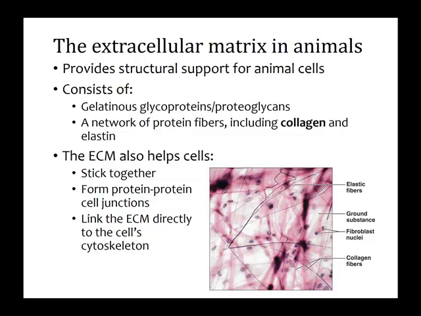Now, what's the extracellular matrix actually made of? It's made of a combination of these things called glycoproteins or proteoglycans. And if you maybe remember, glycoproteins and proteoglycans are made as a result of the secretory pathway.